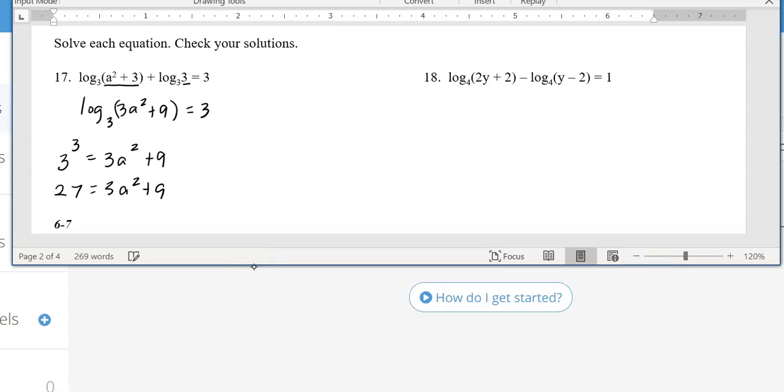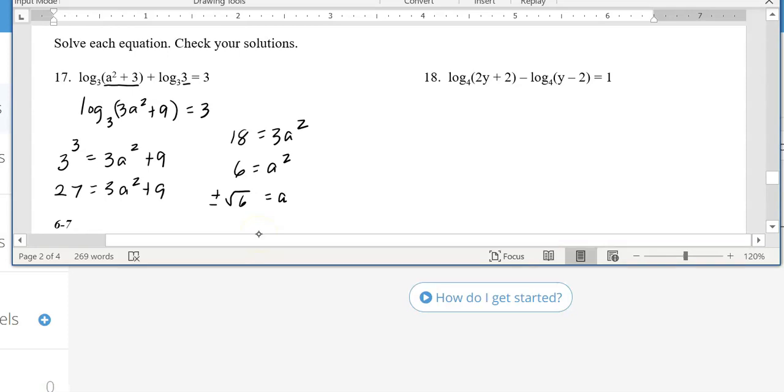And now let's solve for a. So we subtract 9 from both sides. Divide by 3 on both sides. And I'm going to do the square root of both sides. And I'll be sure to tell you on the test if I want these to be exact answers. So this is what it means to be an exact answer.